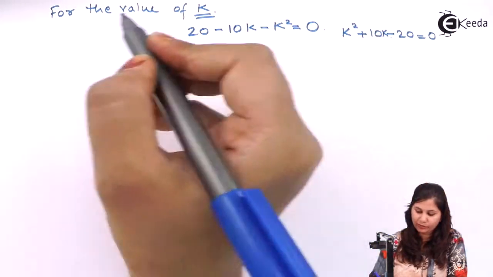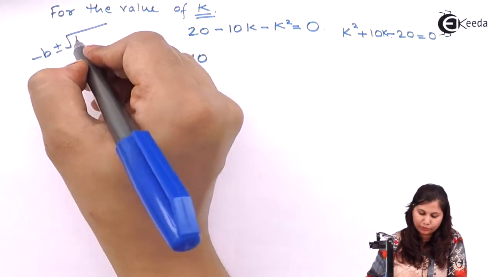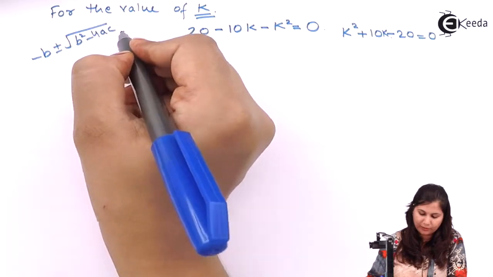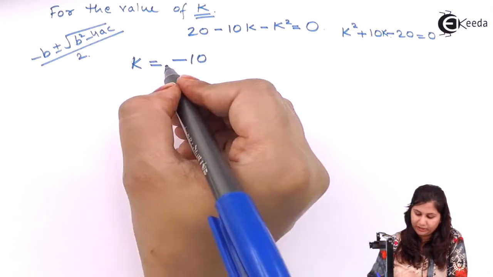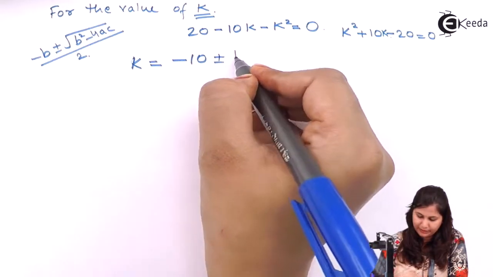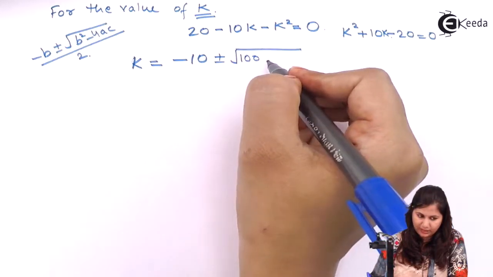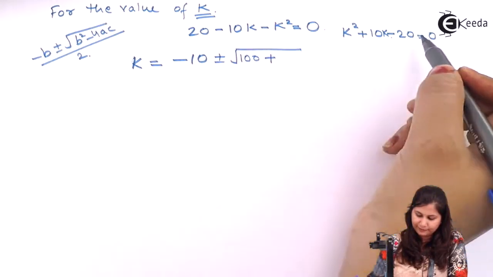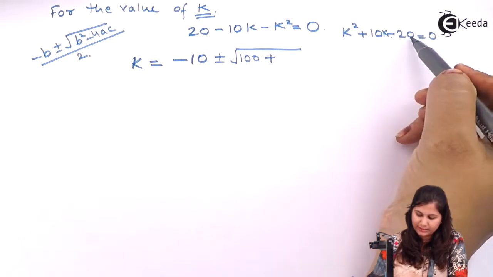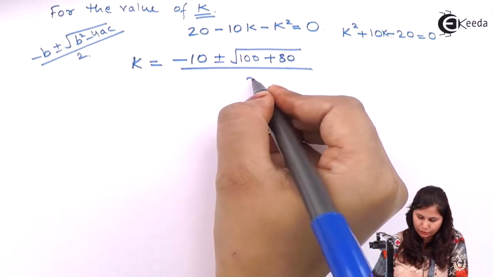You can find out its roots by using the formula minus b plus minus under root of b square minus 4ac upon 2. So we have here minus 10 plus minus under root of b square, that is 10 square, 100, minus 4ac, and a is 1, c is 20, so it is 80 upon 2.